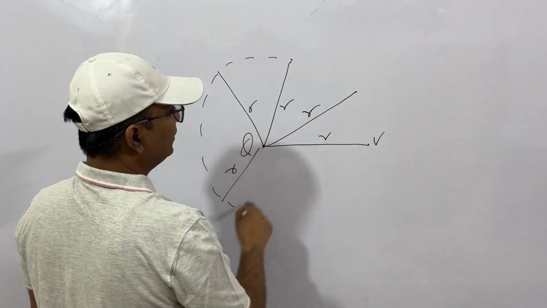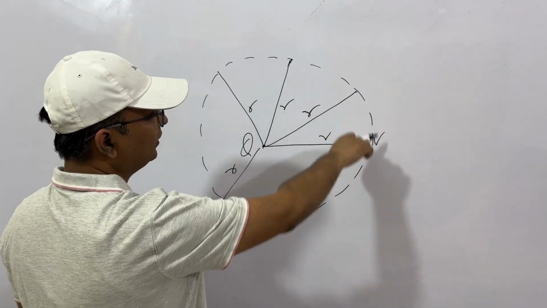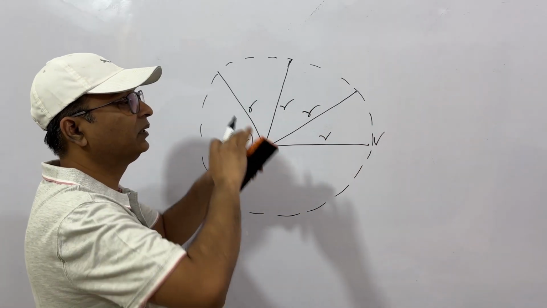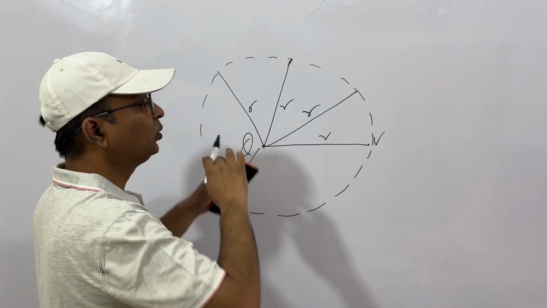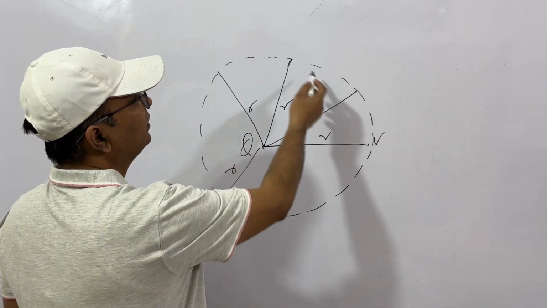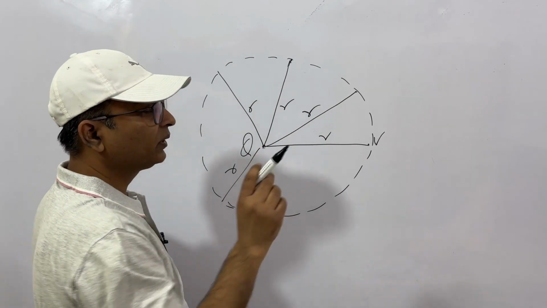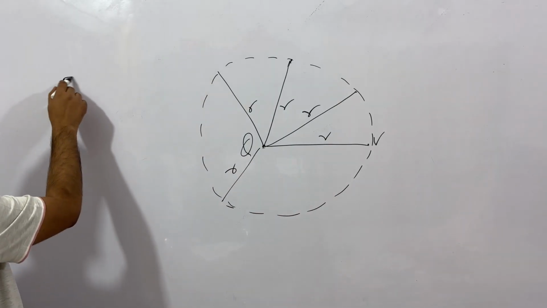That is, all the points on this circle or on this sphere, we are talking of 3 dimensions. In all directions, you have electric field because of this Q. And so, at distance r, on that sphere, the magnitude of potential is same. That is called equipotential surface.